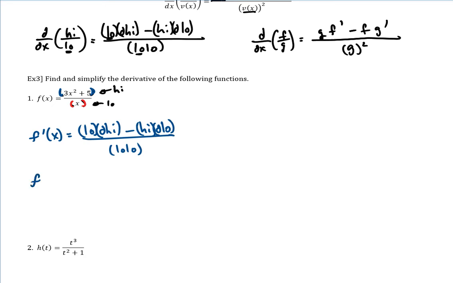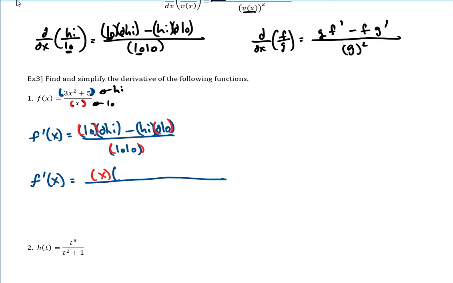Whenever I have a quotient, I do write the formula out. I don't try to just jump to an answer. Now I'm going to start plugging things in. Anything in the low, I'm going to highlight in red again. So the low one, that's just x, times the derivative of the high. With this, I think we could just look at it.